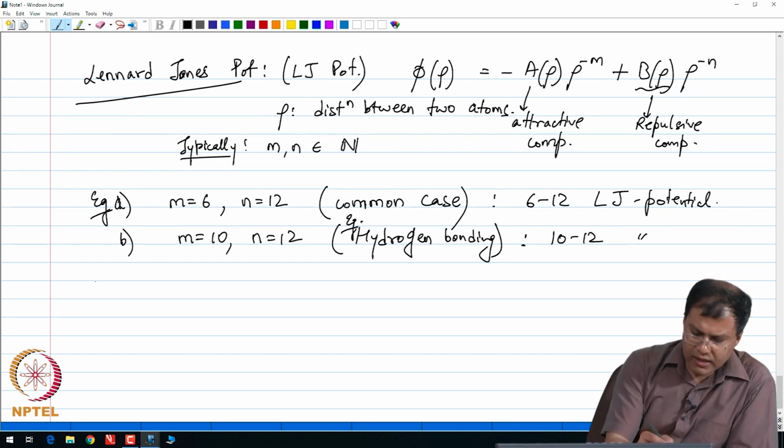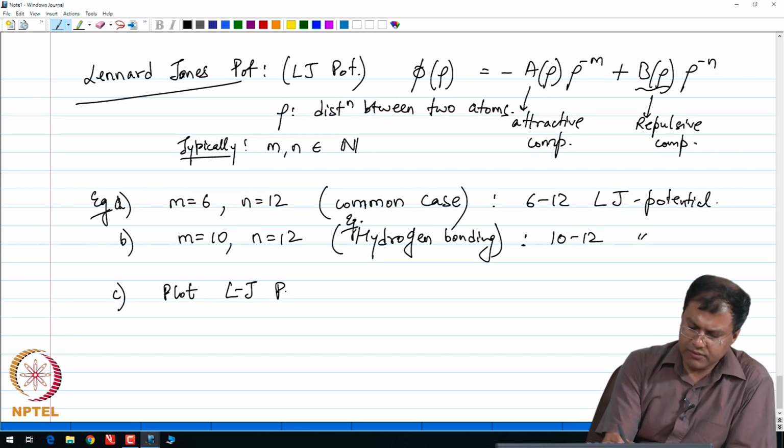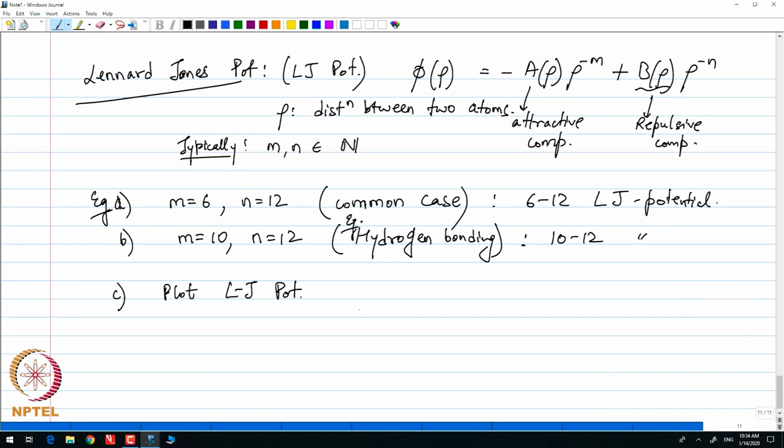For example, if I were to plot the LJ potential, let us look at the plot.